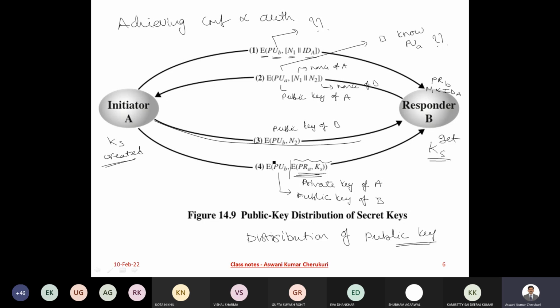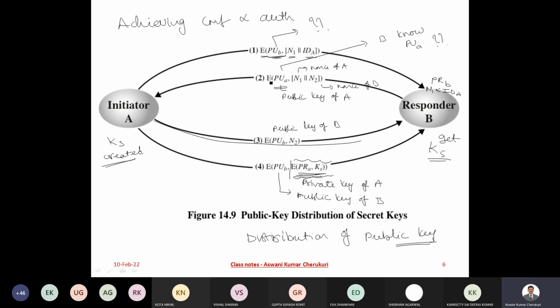So confidentiality is achieved. Now the session key was sent by A. How are you ensuring it? You are able to decrypt it with the help of the public key of A, and because of that, you are able to say that yes, the session key was sent by A. This is the authentication.